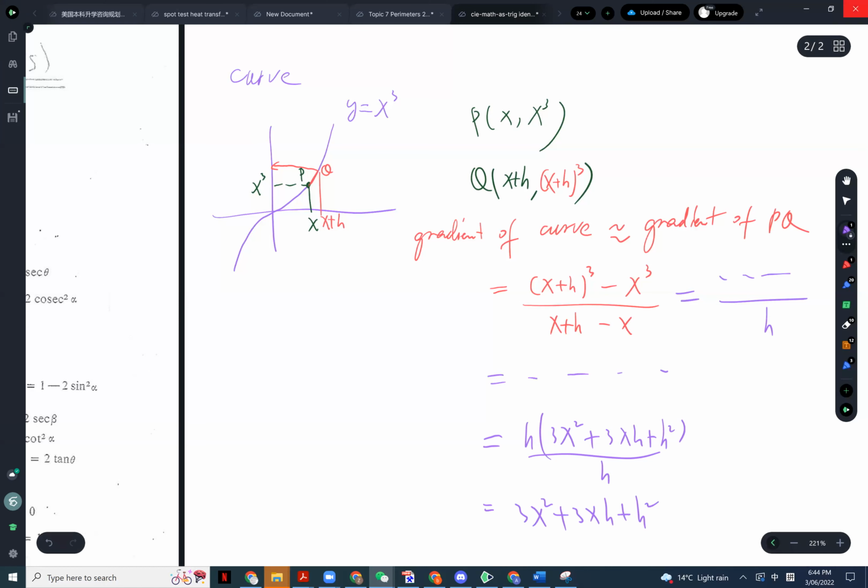But we choose h very, very tiny, like 0.00001. h is almost 0, or h approaches 0. This part approaches 0, so the whole thing is 3x squared.